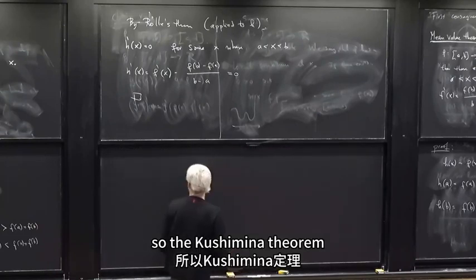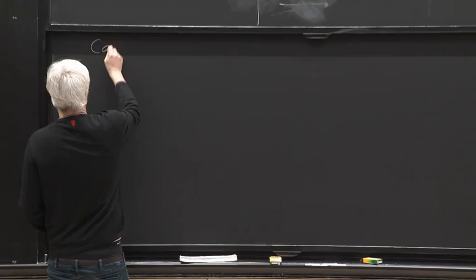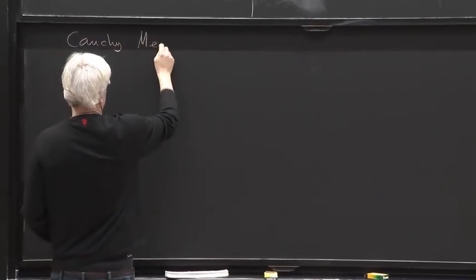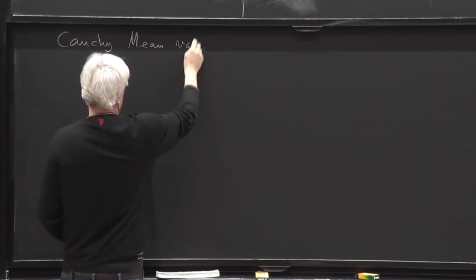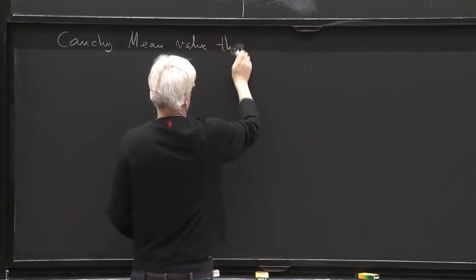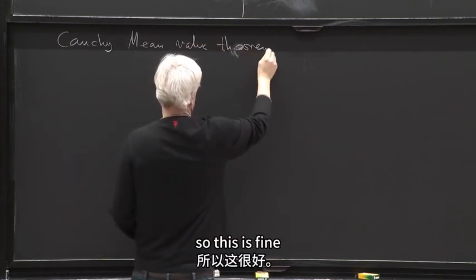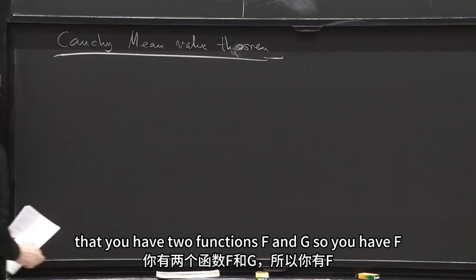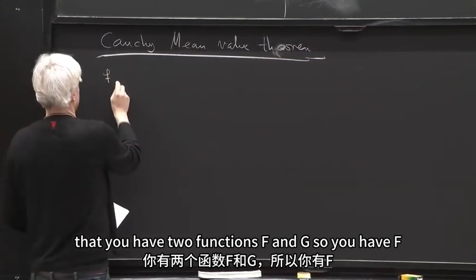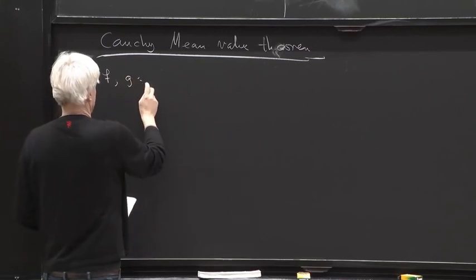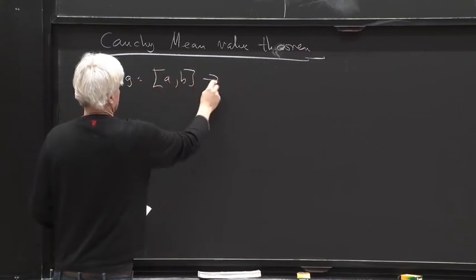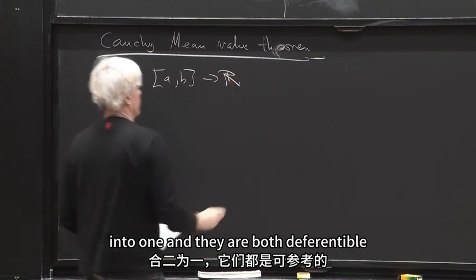So the Cauchy mean value theorem is the following: you have two functions, f and g, on some interval from a to b into R, and they are both differentiable.